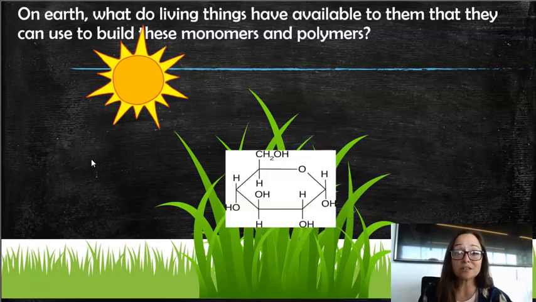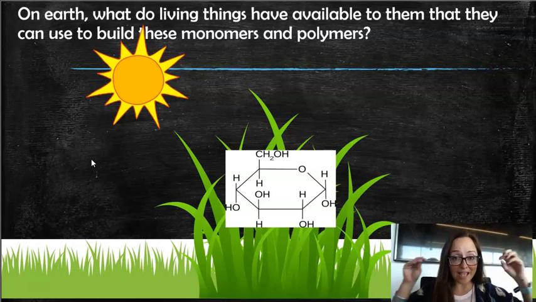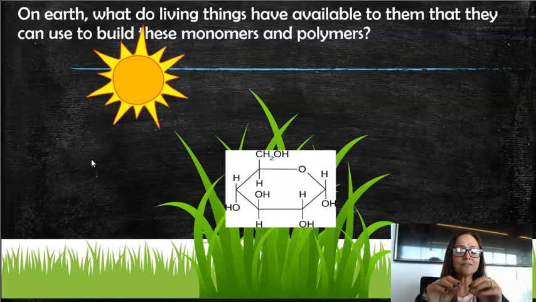This glucose is our animal or heterotroph source of energy. Really what's happening in photosynthesis is the sun's energy is used to help break the bonds apart and rearrange it into glucose. But as humans, when we eat that glucose, that's how we get our energy.